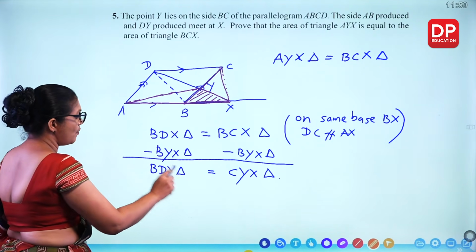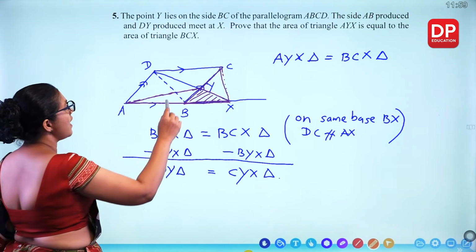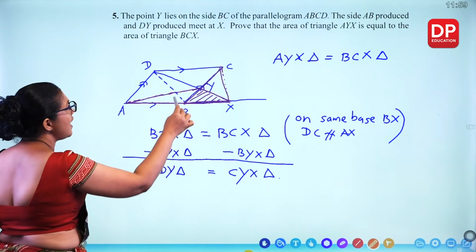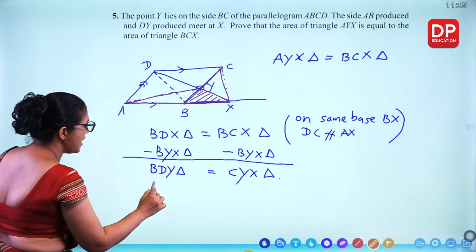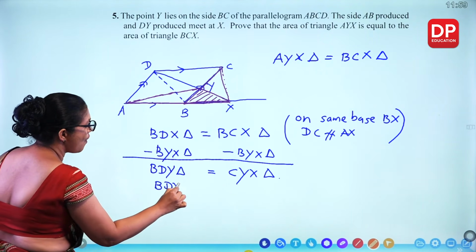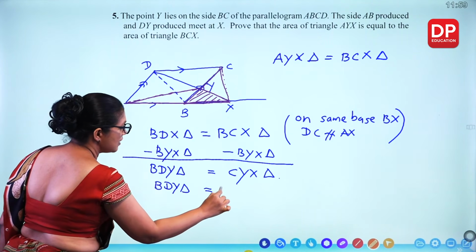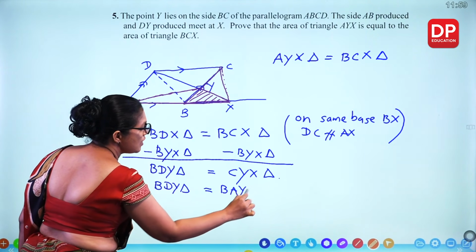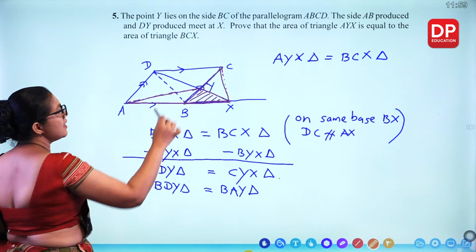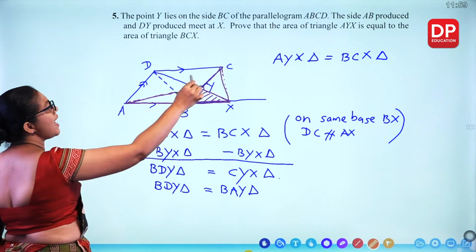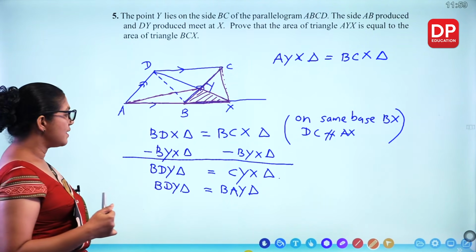Now, when you look at BDY triangle, I can write that's equal to BAY triangle. What's the reason? Here same base and in between the two parallel lines.